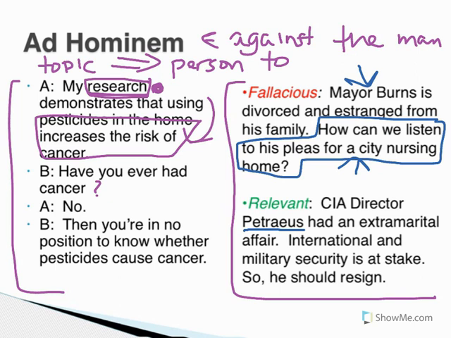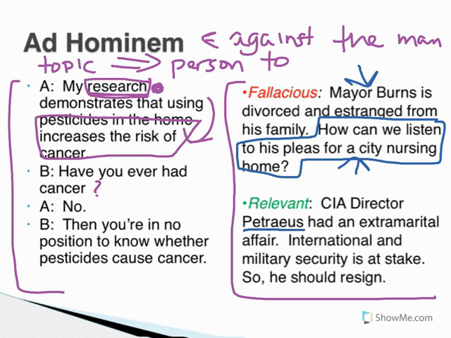Now, typically you think, oh, well, him having an extramarital affair would not be a big deal, and so why bring that up? However, in this instance, an extramarital affair and a cover-up to suppress it would show a level of dishonesty and also open up the gate for possible blackmail.